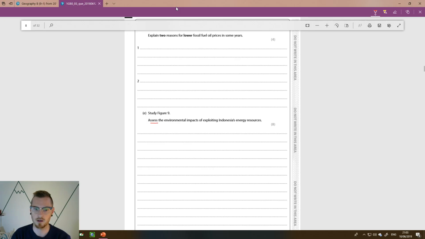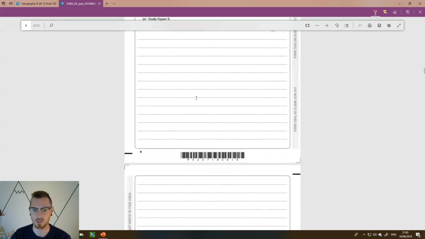I would quickly underline my command word, and then it's asking me to assess the environmental impacts of exploiting Indonesia's energy resources. So my key geographical phrase here is environmental impacts. I must, in every one of my points, link back to that. I'm going to link back and say how important my 3 points are to the environmental impacts on Indonesia's resources.